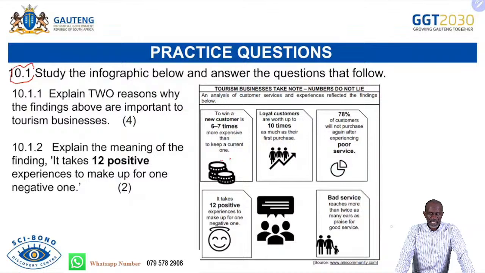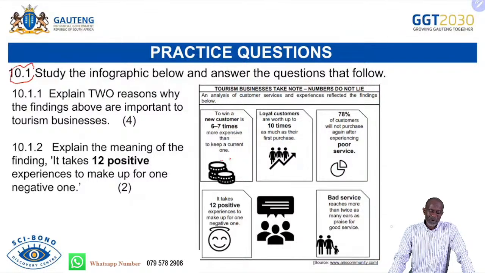10.1.2, explain the meaning of the finding. It takes 12 positive experiences to make up for 1 negative one. So in order for us to erase one negative statement, you'll need 12 positive ones. You'll need 12 good experiences to overcome one negative statement.